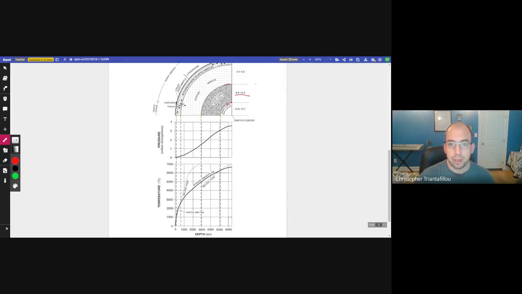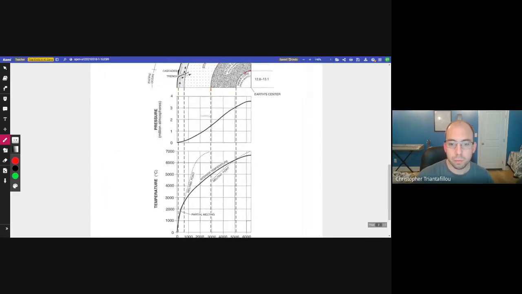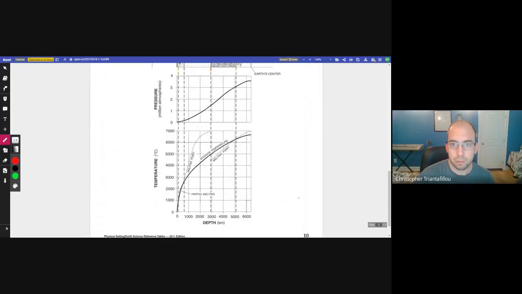Now for thickness, we'll want to know the range of the boundaries and what depth each one falls at. So we're going to find the topmost boundary here, the outer core. And it's this line. We're going to follow it all the way down to depth. So it's this one right here. Follow this down. And you can see it's a little less than 3,000.